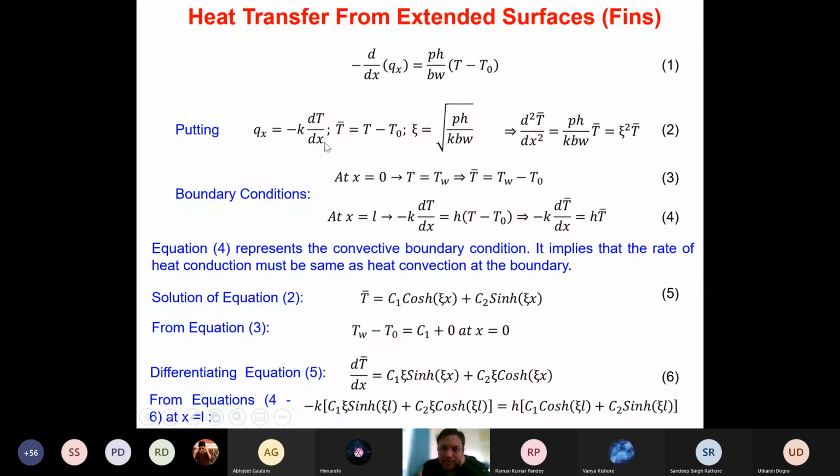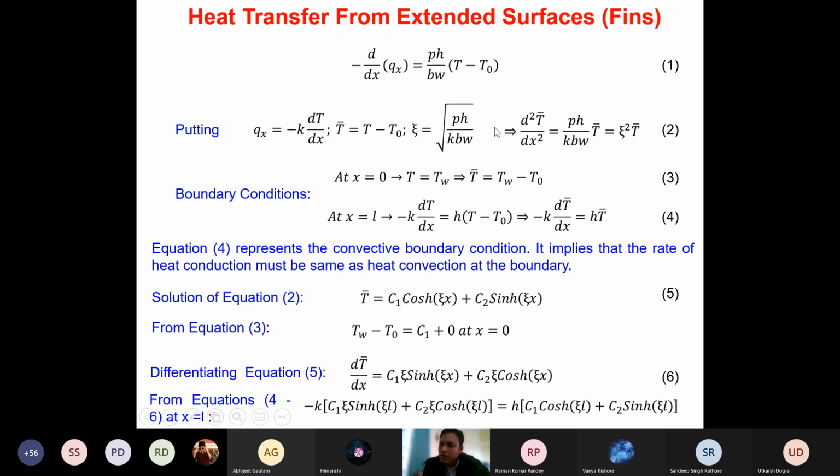So I can replace this, isn't it? So with this substitution of all these new variables, what I get is d square T bar by dx square is equal to Ph by kAw, which is again replaced by zeta square T bar. Do you all agree? Yes, sir. This makes sense to everyone? Yes, sir. Okay.